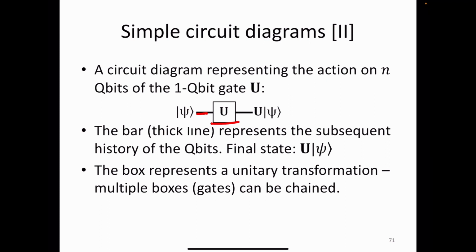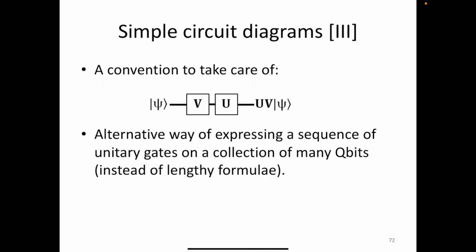The thick line just indicates we're operating on multiple qubits instead of 1 qubit, and the capital U indicates we're operating on these multiple qubits with a multi-qubit unitary, and the box represents the unitary transformations. One thing that I once more want to emphasize is the sequence of gates.